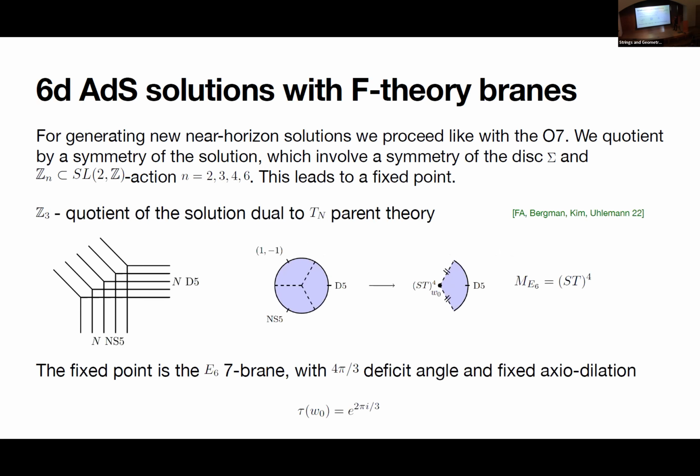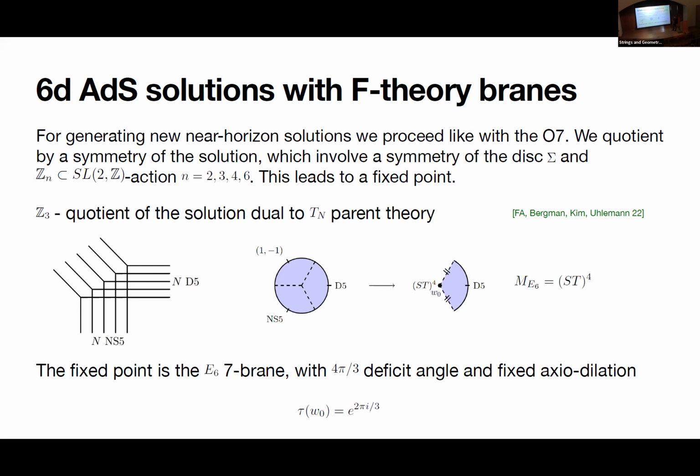And the way that this comes about is that, for example, you can take Tn. Tn has a Z3 symmetry. You quotient the disk by this Z3, together with an SL2Z transformation, in this case a Z3 subgroup of that, and what you get is the monodromy at the center for the E6 7-brane, where the two sides where the branch cut lies are identified.